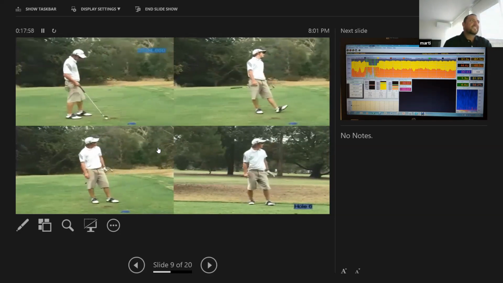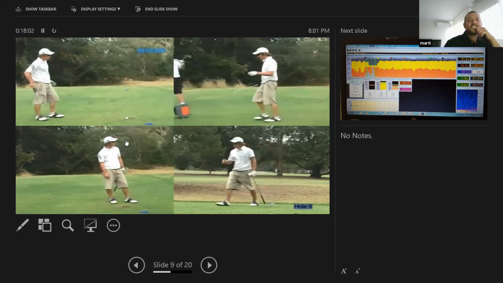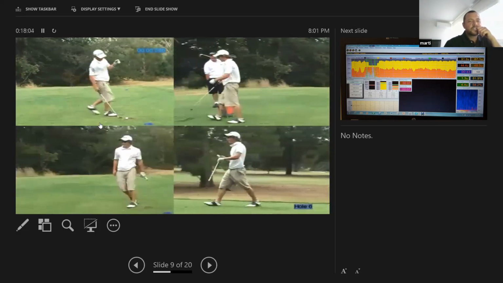And then the top left, the process behind how we went through it was very, very different. We did this over a couple of years, where we really looked at the quality of a pre-shot routine and how that affected their heart rate.